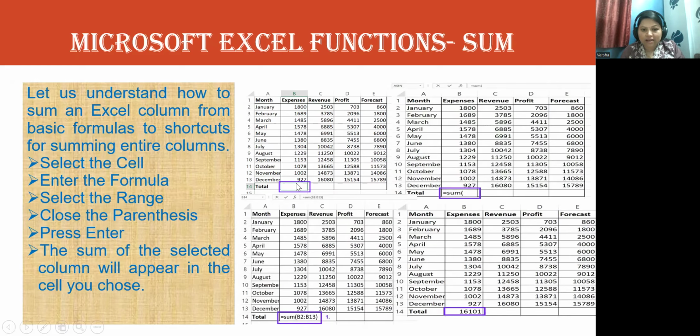Select the last cell, then enter the formula: equal sign, SUM, select the range, then press enter. Then you will find the total of all expenses. The sum of the selected column will appear in the cell you choose. So this is an example of the SUM function.